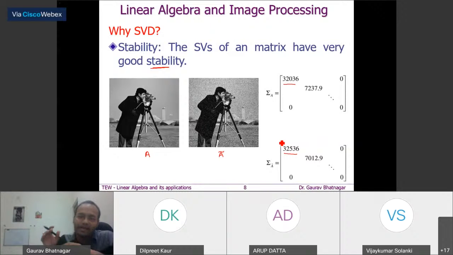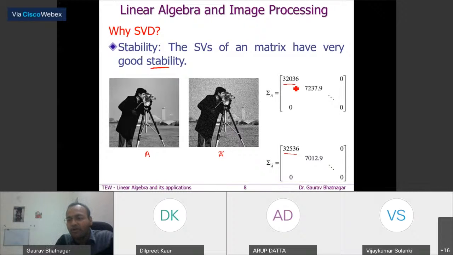As soon as that error tolerance is met, you use this stability of the singular values of the matrix. If I say that I can tolerate an error of 10 to the power 2, then this is not a very good stability. The meaning is, I need to go back and not introduce this much noise in my image. I have to introduce a little bit lower noise.